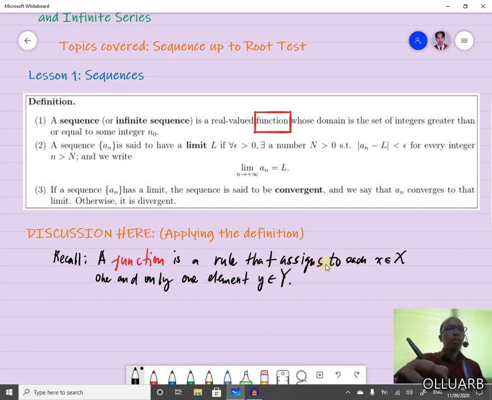Our small y and small x are notation for elements, and the big X and the big Y are notation for sets.